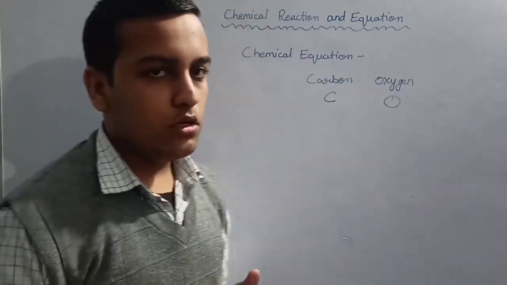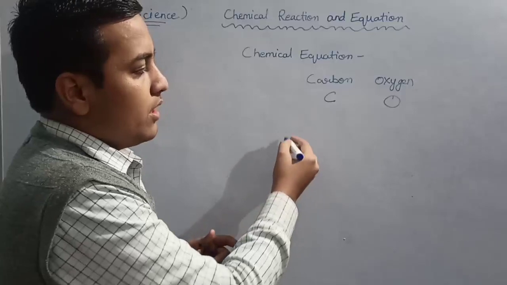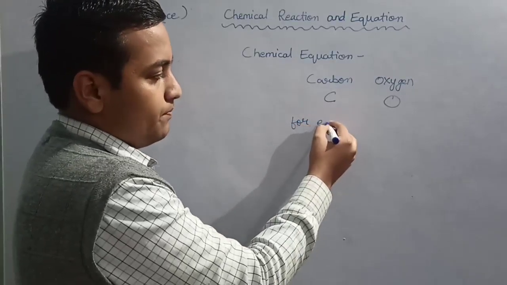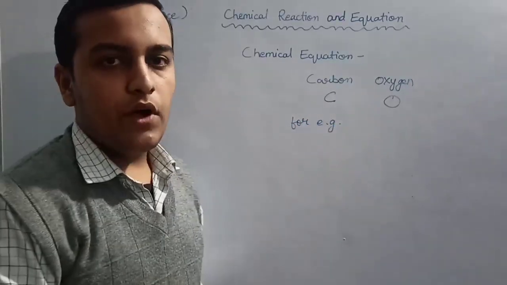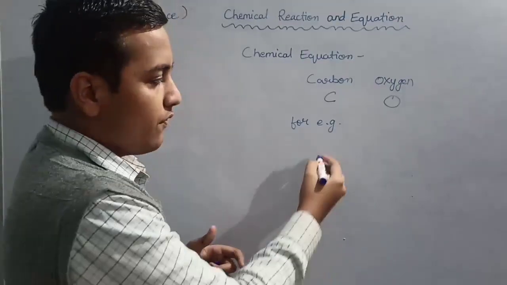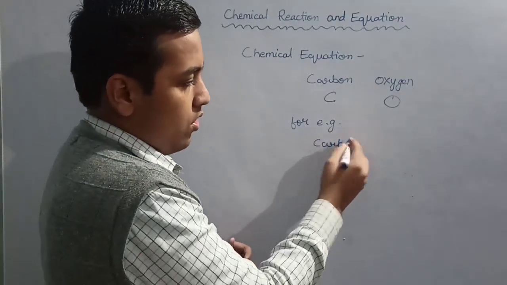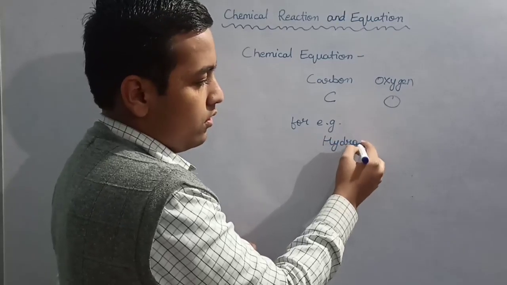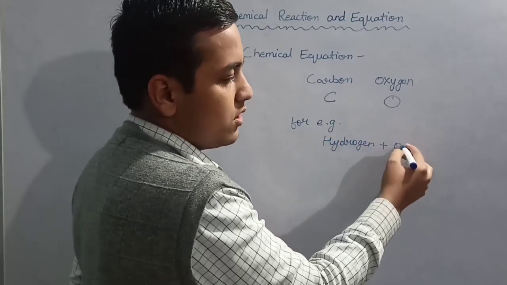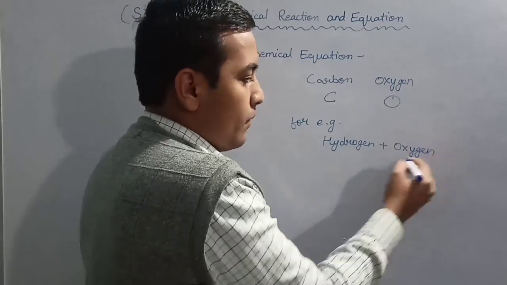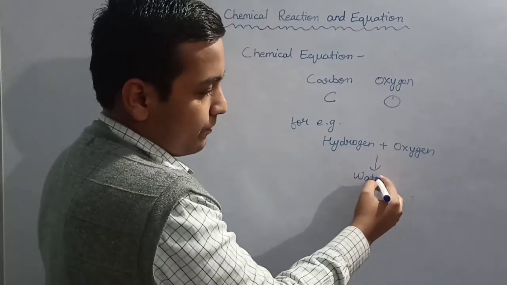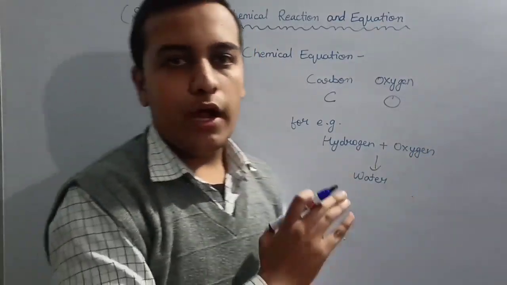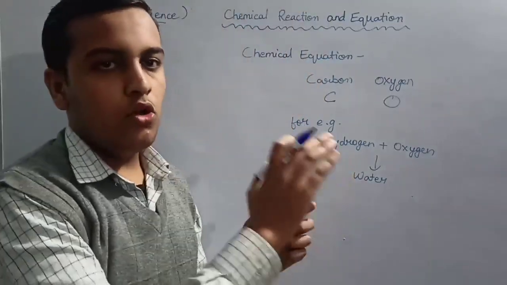Now for example, if I take another reaction, if hydrogen is mixed with oxygen, then it forms water. I don't need to write this whole thing in the long way.